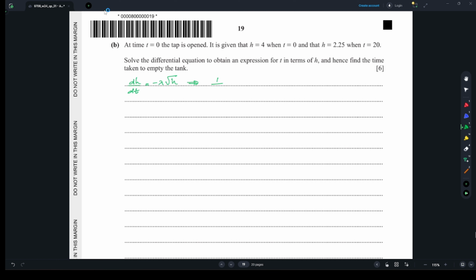So I will write 1 over root h dh equals minus lambda dt. Therefore we do the integration of 1 over root h dh, and here minus lambda dt.